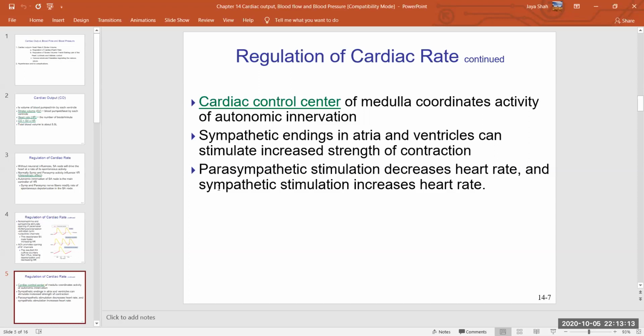From the cardiac control center in the medulla oblongata, sympathetic stimulation increases the heart rate and the force of contraction of your heart, whereas parasympathetic nervous system stimulation decreases the heart rate.